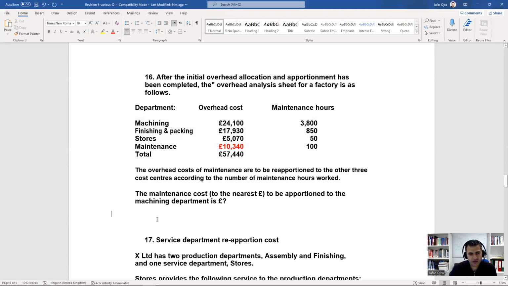The way you do it is very simple: we have 3,800 hours because that belongs to machining, and you divide it over the total hours, which is 4,700.